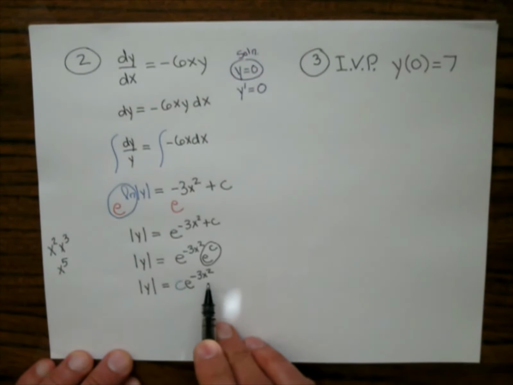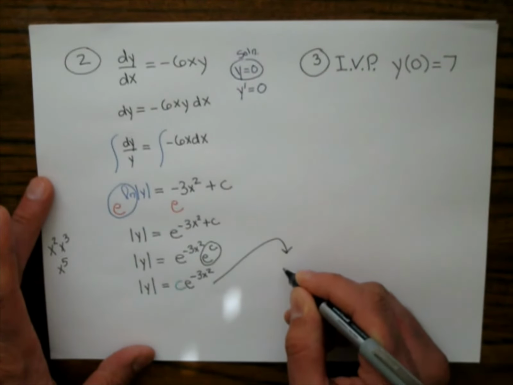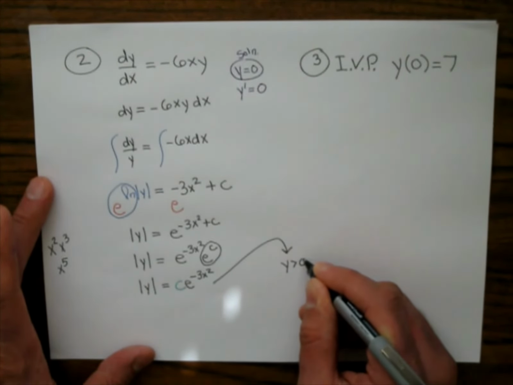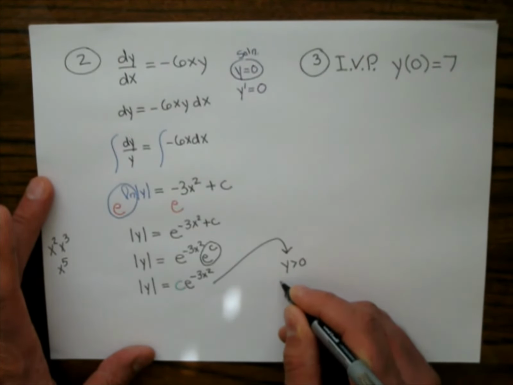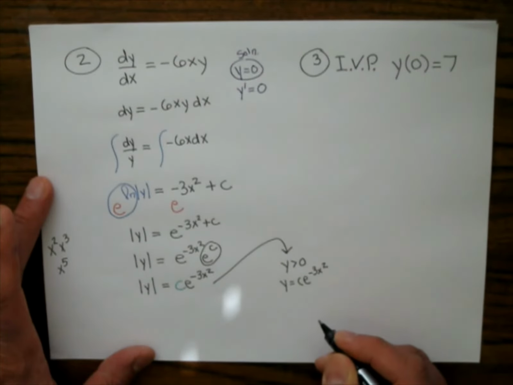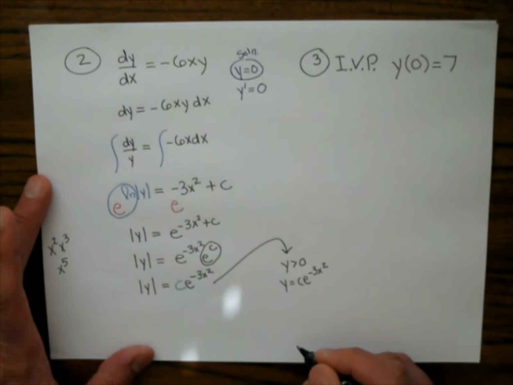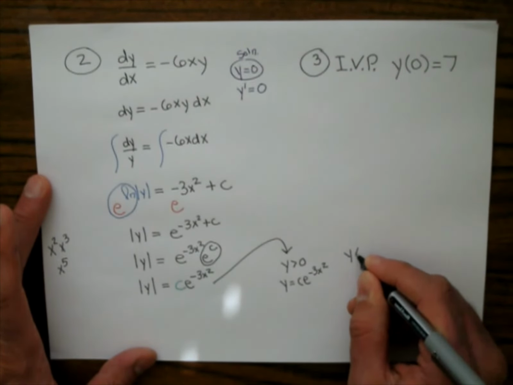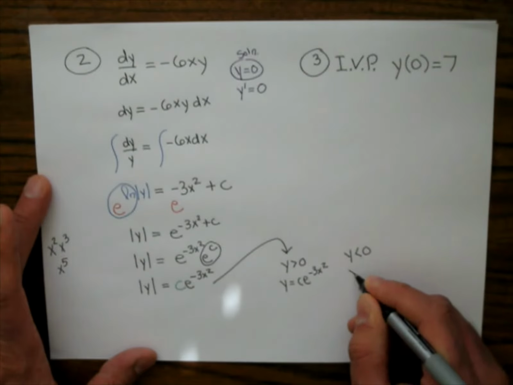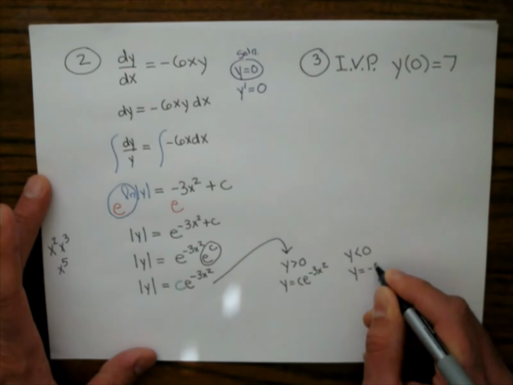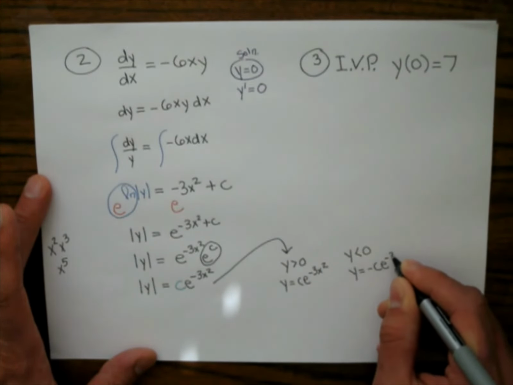We are almost done with this problem. What we have to do now is, if y is greater than 0, then y equals c e to the negative 3x squared. And if y is less than 0, y equals negative c e to the negative 3x squared.